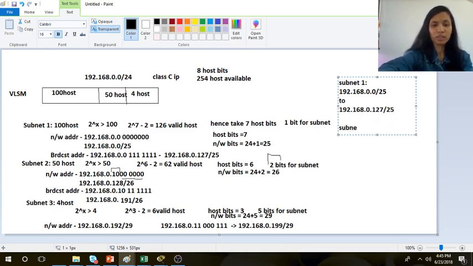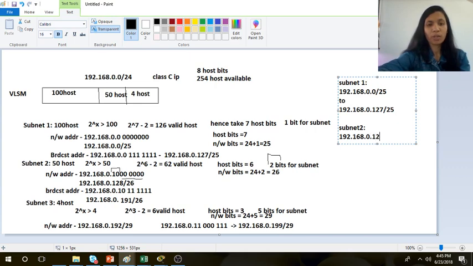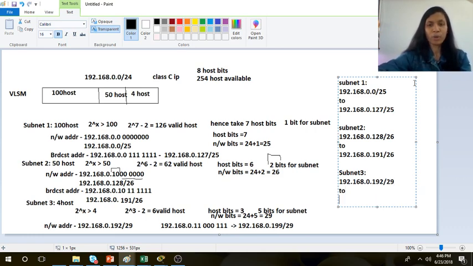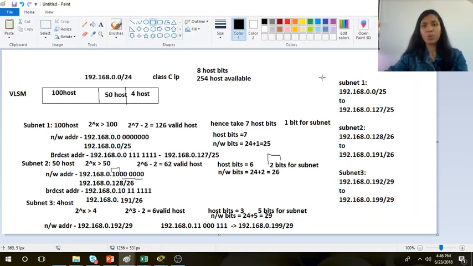The subnet 2 address is 192.168.0.128/26, and this ranges to the broadcast address 192.168.0.191/26, and the subnet 3 address ranges from 192.168.0.192/29, and this ranges to the broadcast address 192.168.0.199/29. So this is how you can do VLSM.